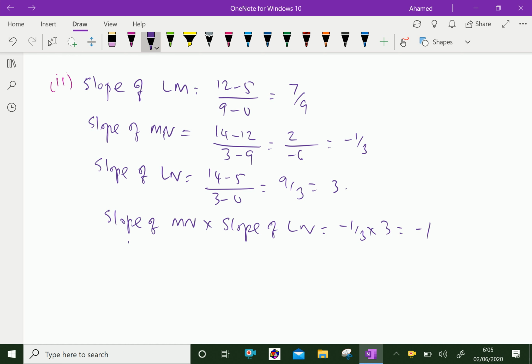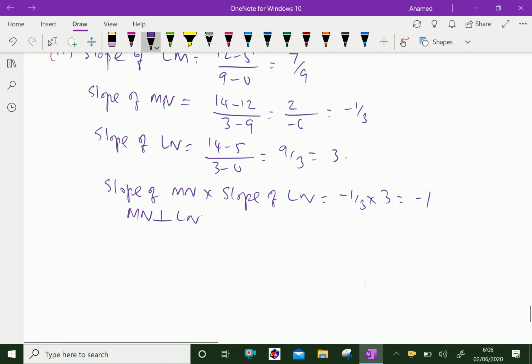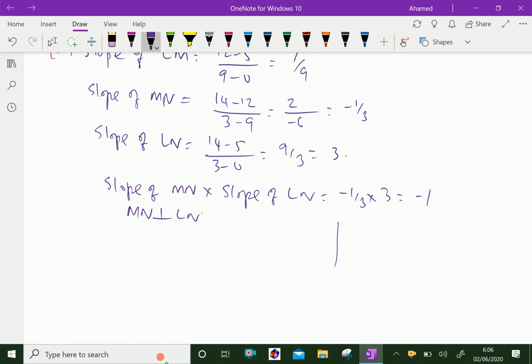That is, we can say MN perpendicular to LN. This is a perpendicular here.